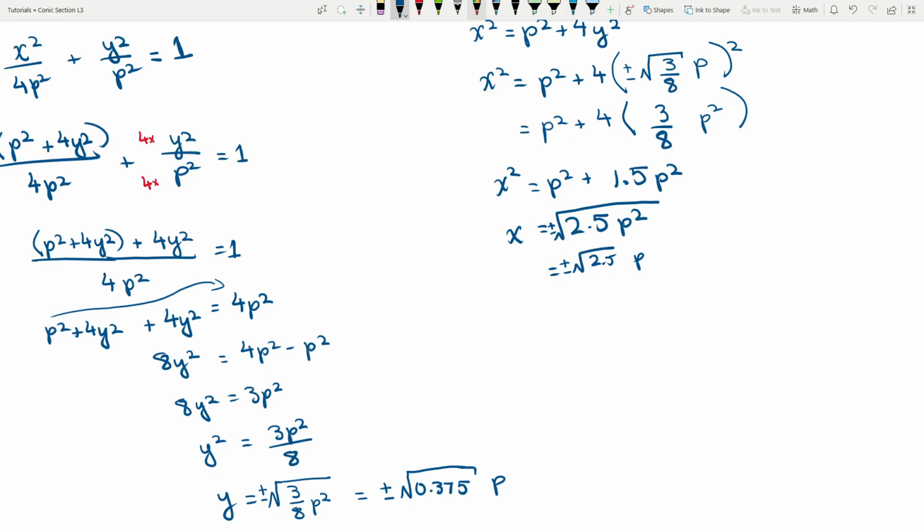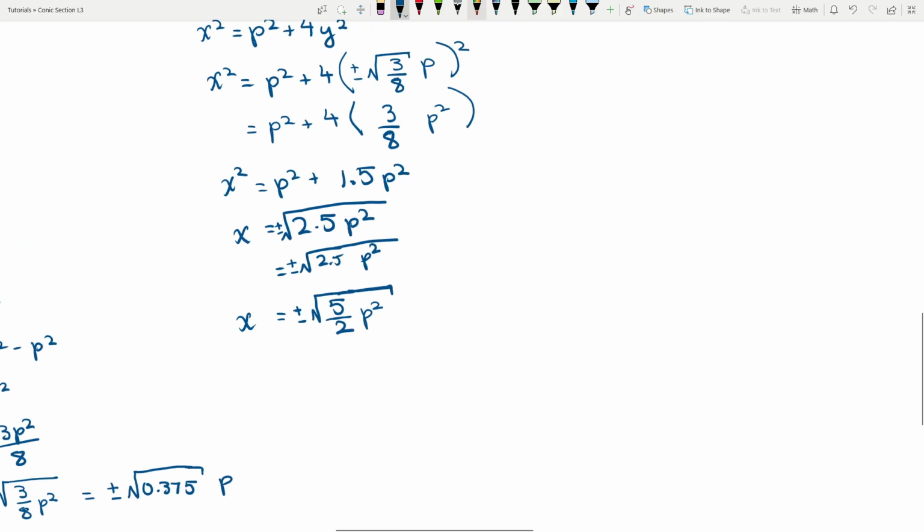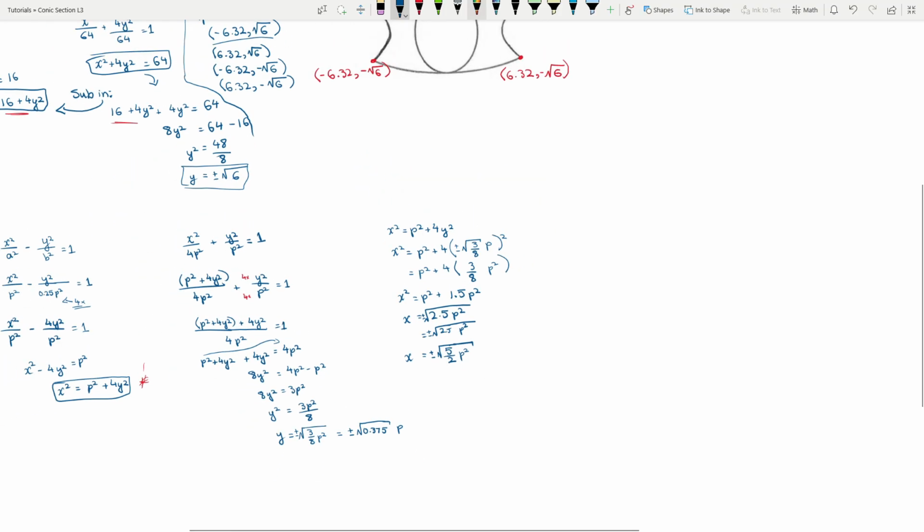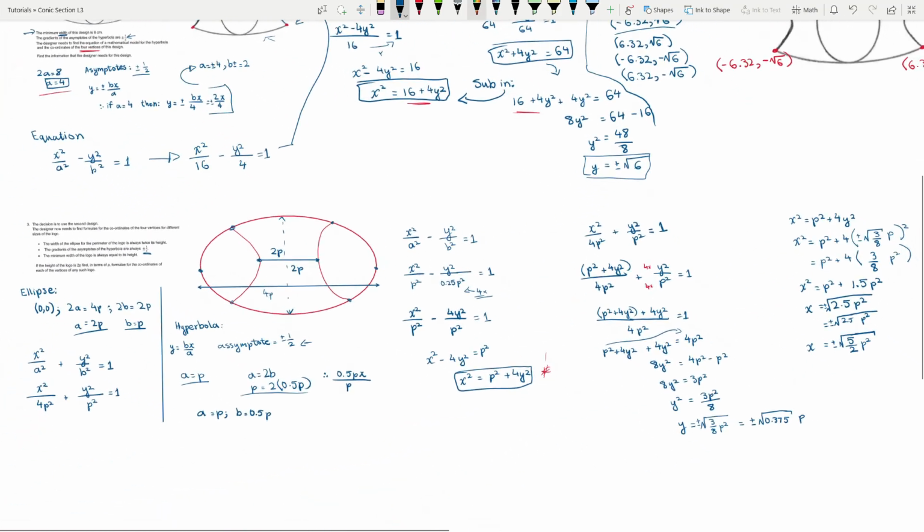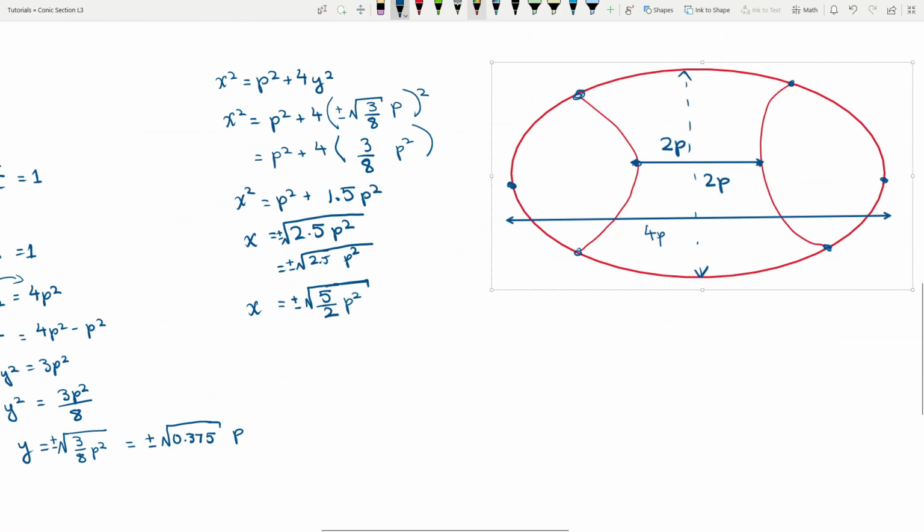Or we can also write this as x equals to 5/2. Let's just write it as p squared, man. It's just better. Yeah, so let's bring in the diagram of the, where is it? Oh yeah.